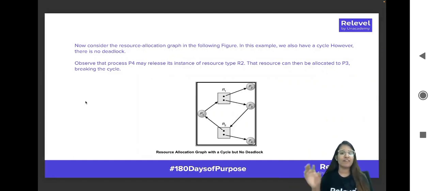By the time the process P4 is done, there is a cycle from R2 to P1 to R1 to P3. If P4 completes, it can release the resource R2 and then P3 can take up that resource, and hence the cycle is broken.